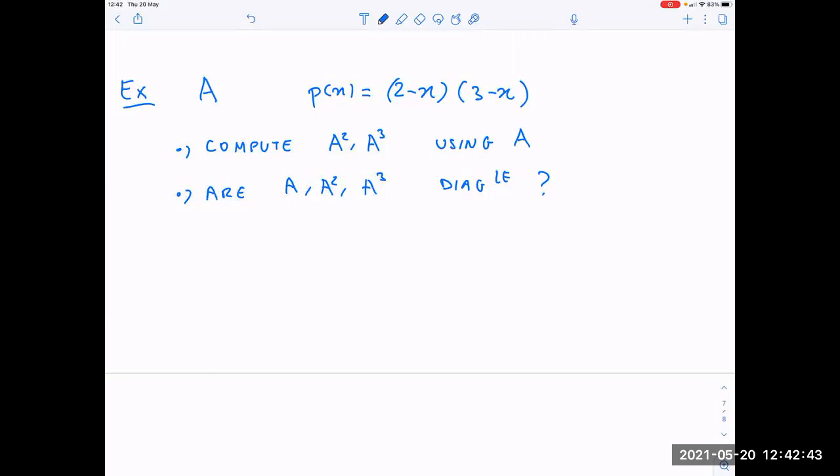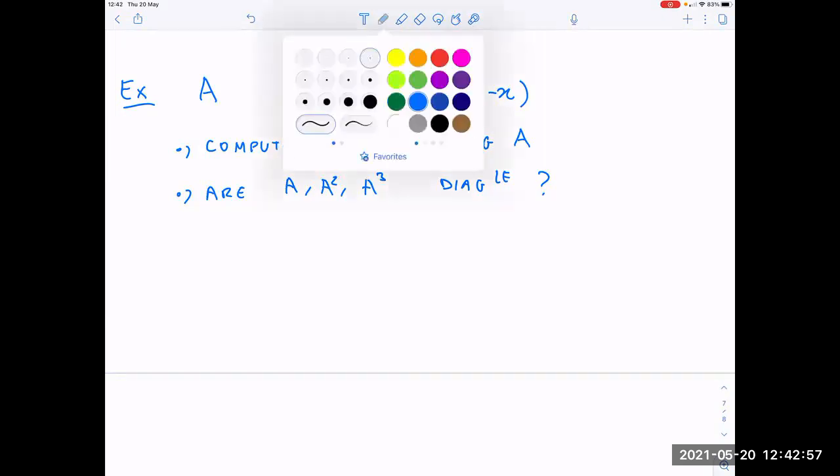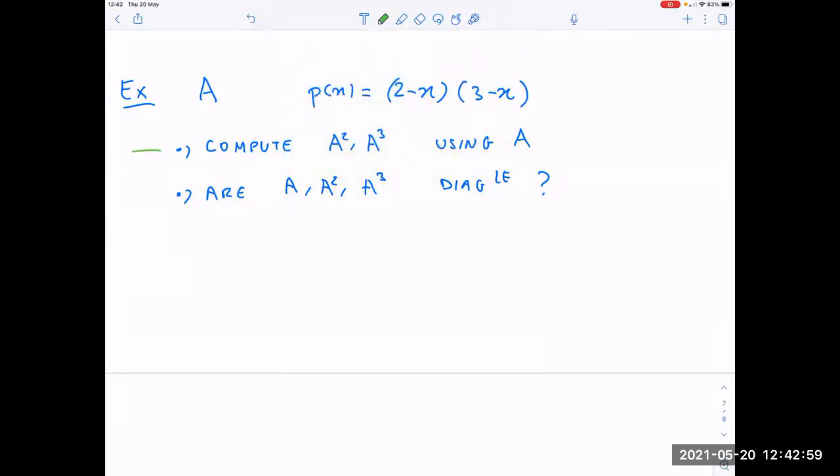No, we cannot say that A looks like that. No, that's one possible matrix A having that characteristic polynomial, but no. And we don't need to do that for the first question. So let's go and have a look at the first question since you already have some answers.